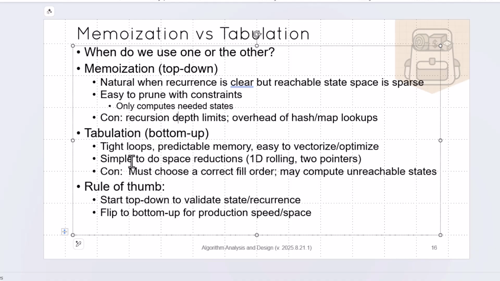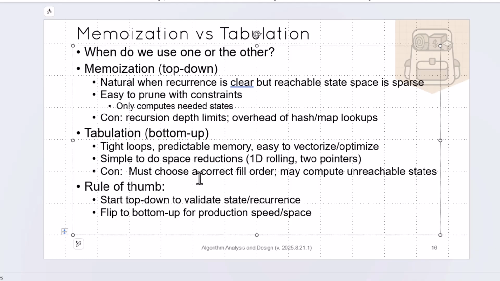Tabulation, the bottom-up, typically has tight loops, predictable memory, and is easy to vectorize or optimize. It's simple to do space reductions like one-dimensional rolling, two pointers. The con is that we have to choose a correct fill order, so we may compute unreachable states, which could be inefficient or cause problems.